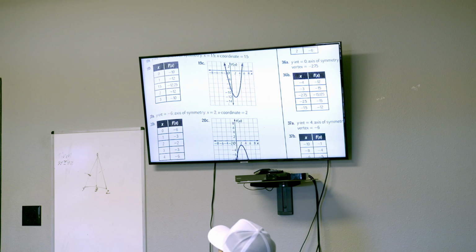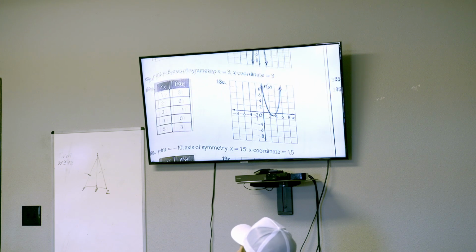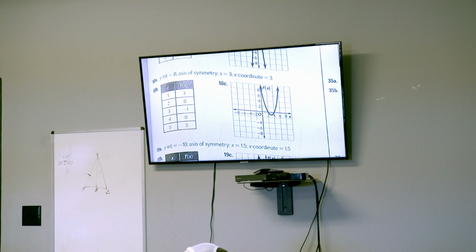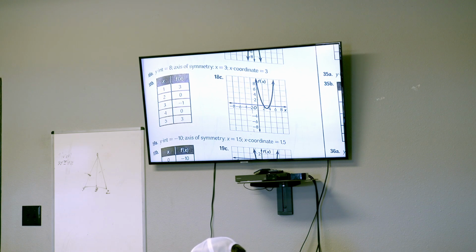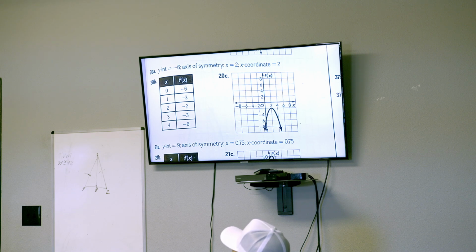Whole page. 20 is there. 22 is also invisible. There it is.